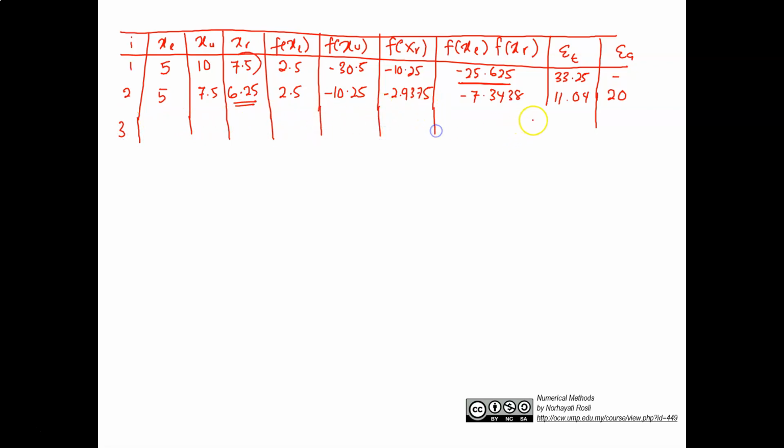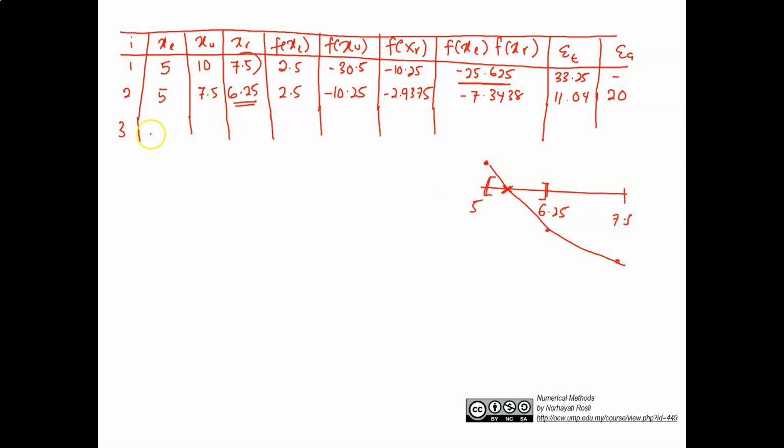So when we did for third iteration here, you see this one is less than 0. When this one less than 0, we have here 5 and then 6.25, and then we have here 7.5, means that this positive, this negative, this negative. So if I plot here, the root lies in the first sub-interval.